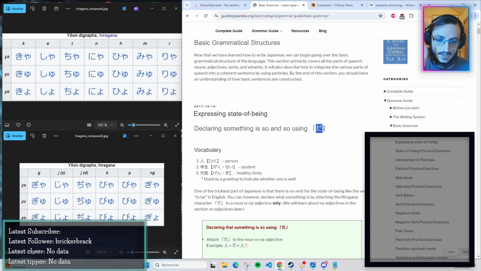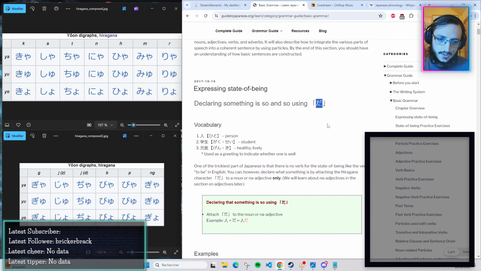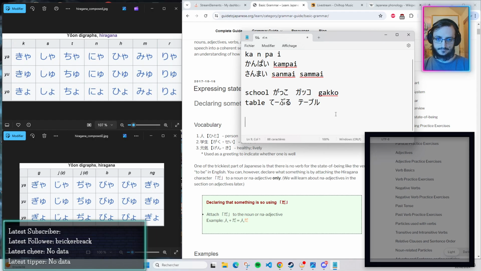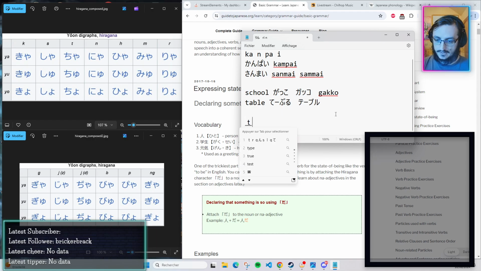For example, we have the da by itself, which is declaring something is so and so. So da is just a declaration. For example, as we saw the word table, to say that something is a table, you will say table da.